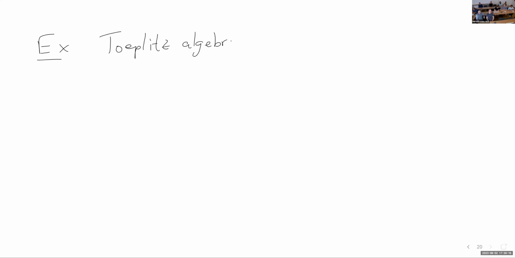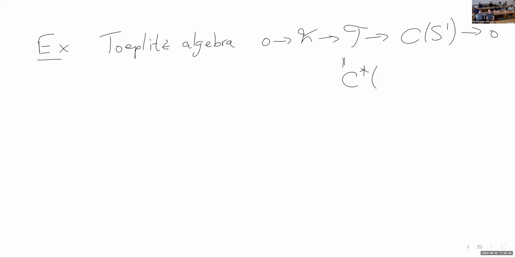Okay, so it's given by this extension: compact operators, Toeplitz algebra, continuous functions on S1, 0. This is the symbol map, and the Toeplitz algebra is generated by the unilateral shift.